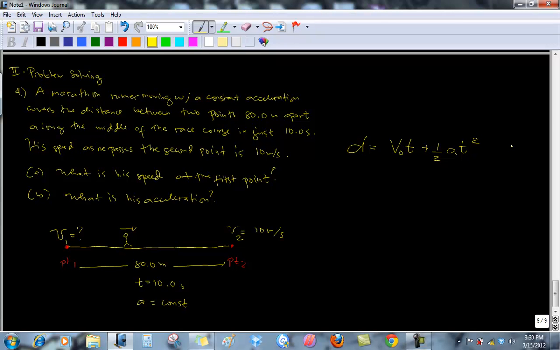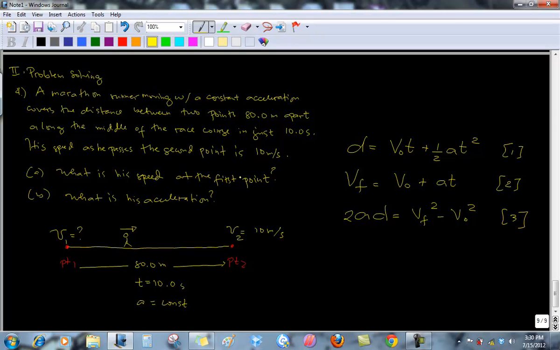That's the first equation that I memorized. Second, velocity final is equal to velocity initial plus acceleration times time. Third, 2 times acceleration times distance is equal to velocity final squared minus velocity initial squared. My memorizing these helps a lot.